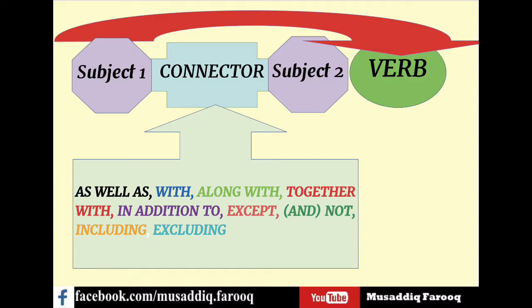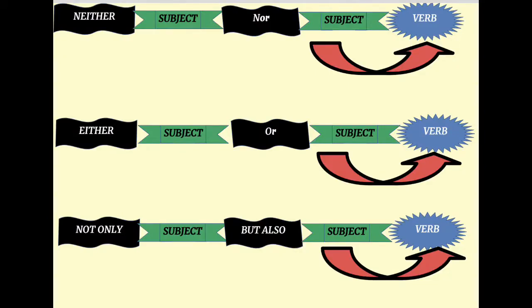And I told you the choice of verb depends upon the choice of connector. If the connector is from any of the words in this list, the verb will agree with the first subject. On the other hand, if the connector comes from any of these words, neither nor, either or, not only but also, the verb must agree with the nearest one.